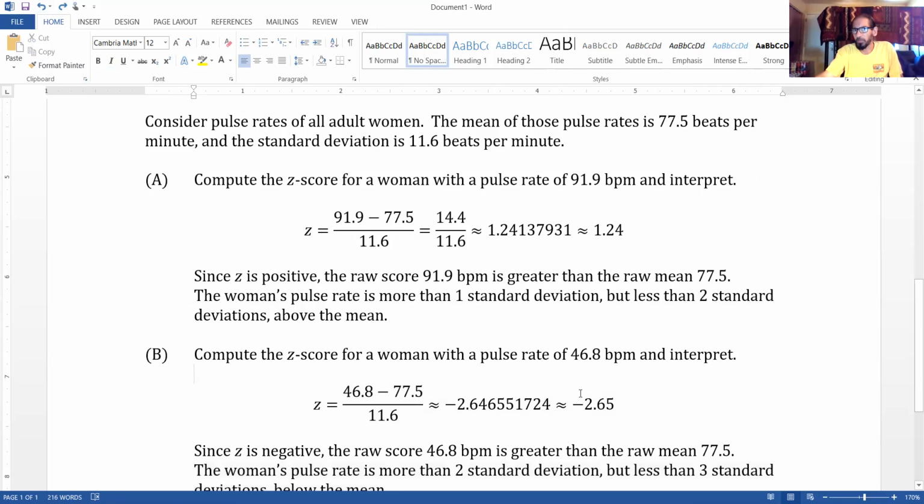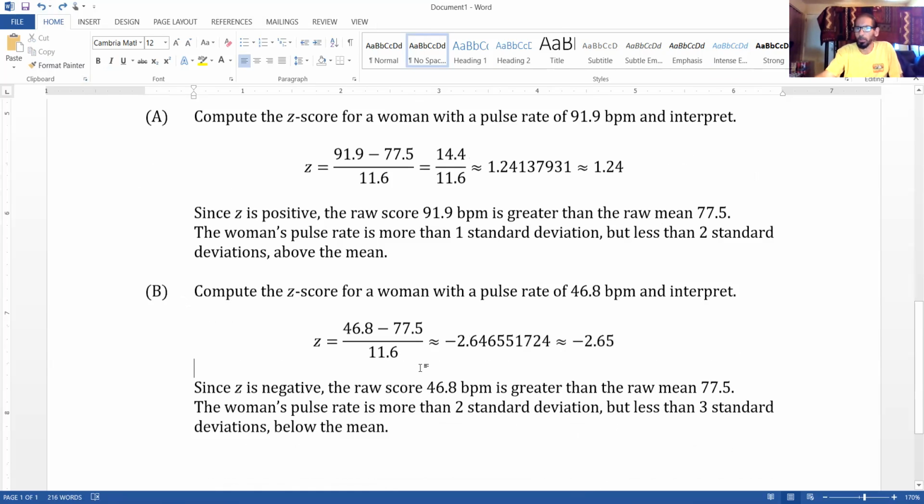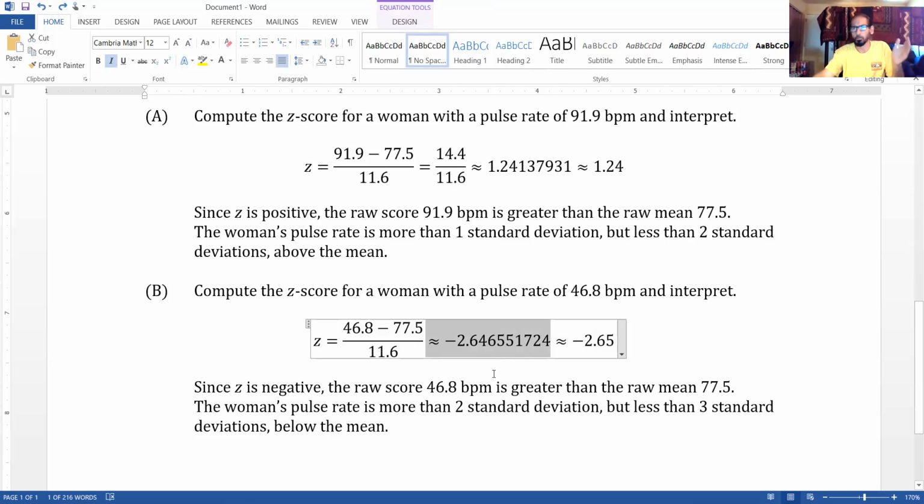If you think about the absolute value here for a moment, then it's more than 2 standard deviations away from the mean, but less than 3 away, and it's below it. So specifically, this is telling us how far below the mean to go in terms of standard deviations.